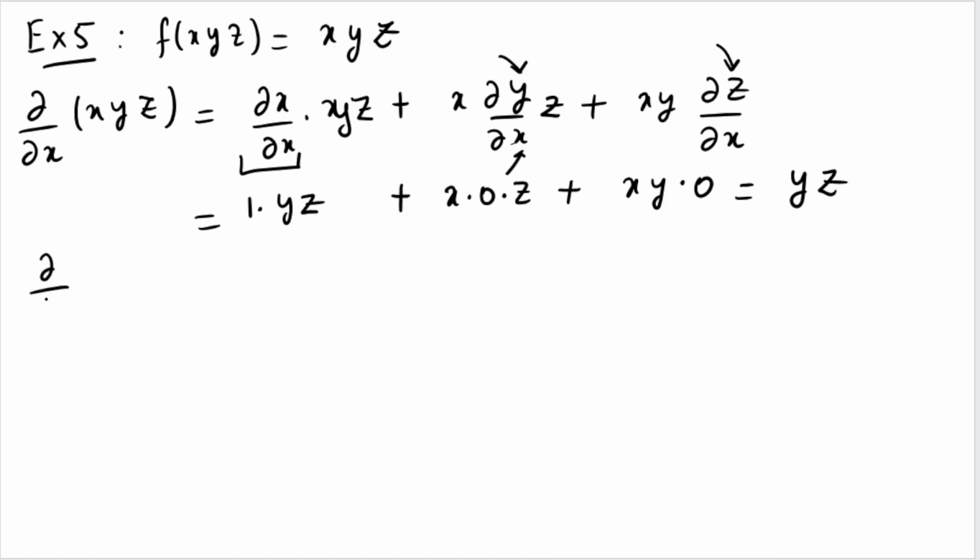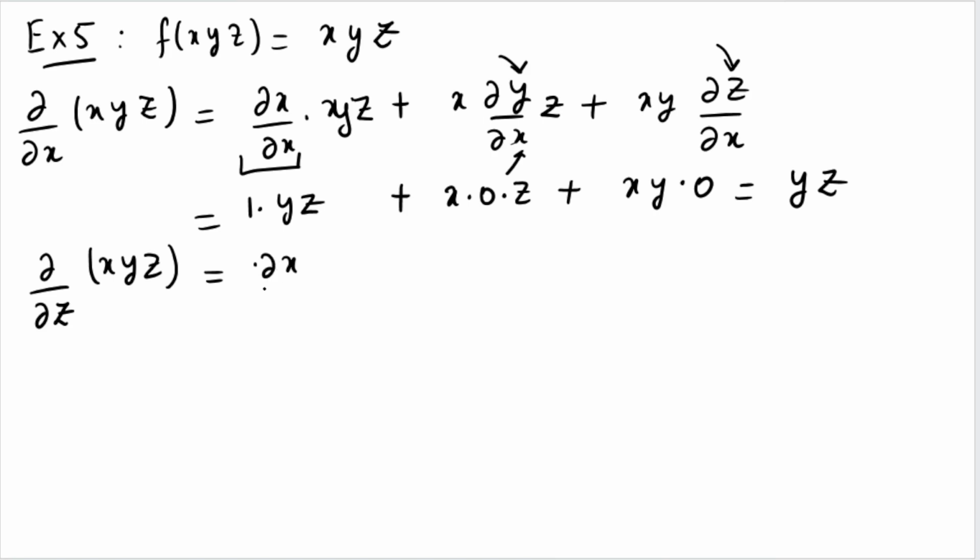Let's take the derivative of xyz with respect to z. I will leave it as homework for you to calculate the partial derivative of xyz with respect to y. Let's write it out.